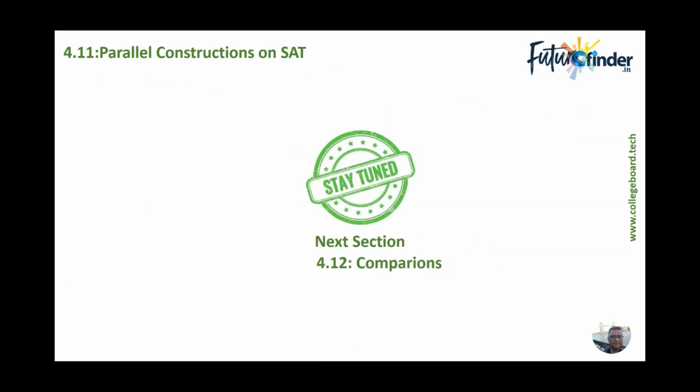Stay tuned. The next section will be an extension of the parallel structure, which is called the comparison, or more logically, the illogical comparisons between two parts or more than two parts of a sentence. So stay tuned.